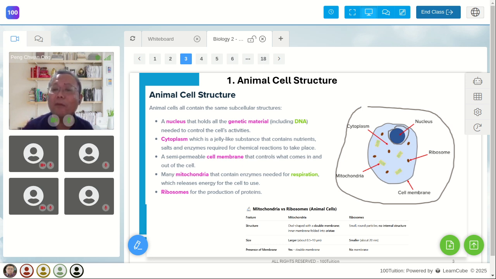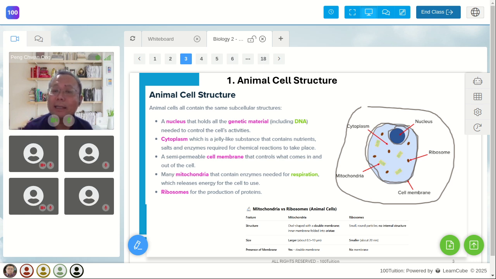Another thing that's very obvious is the outer structure, and this is the cell membrane. Later we'll see plants have cell walls, but animal cells don't. That's one main difference between plant cells and animal cells.